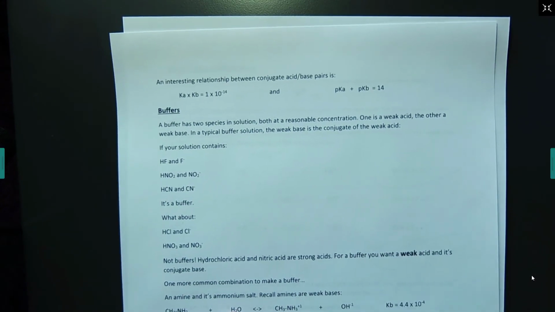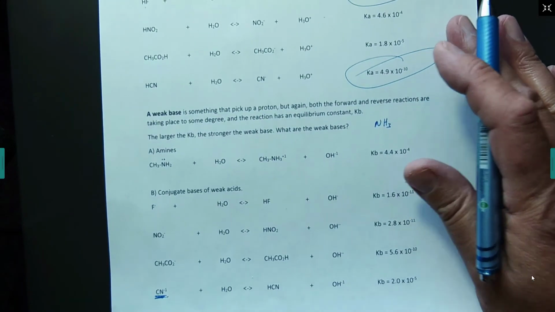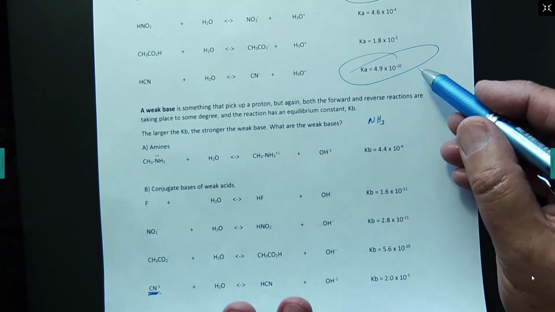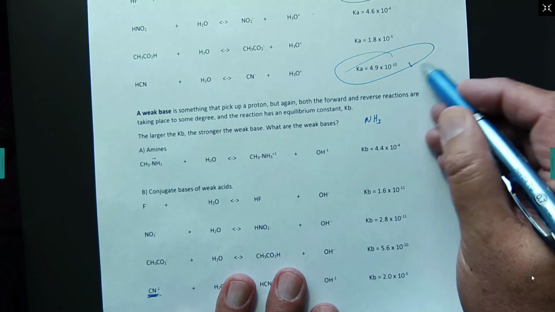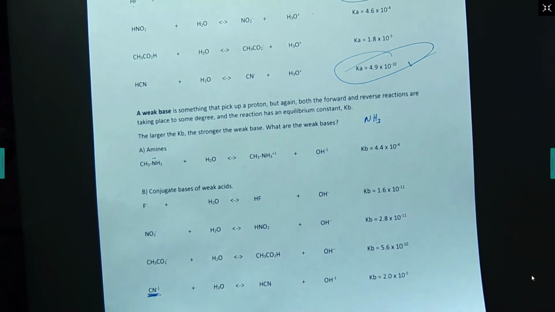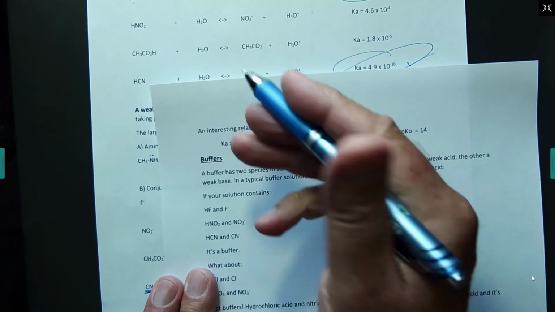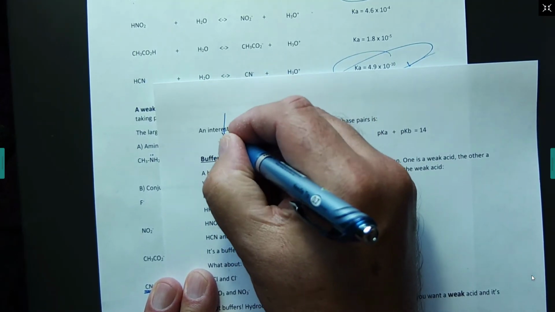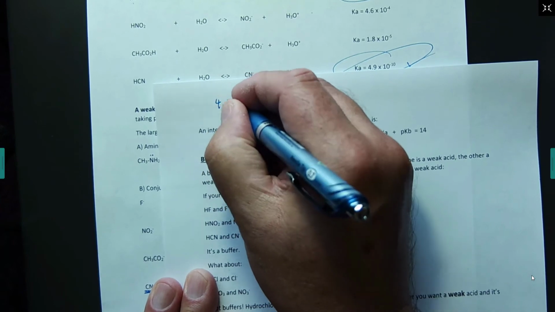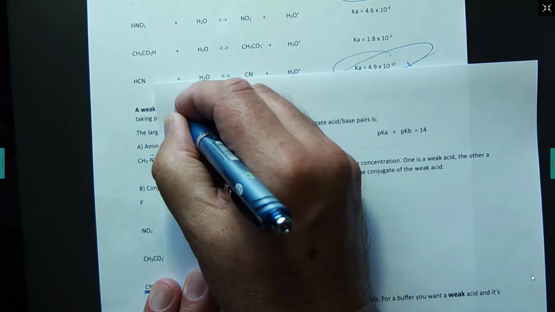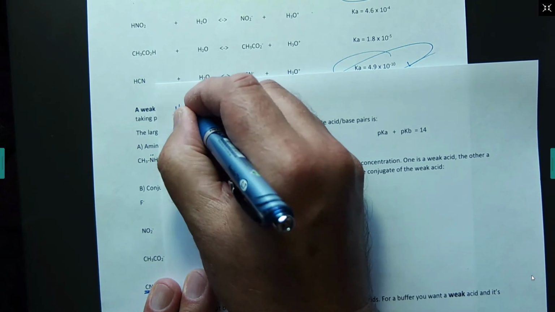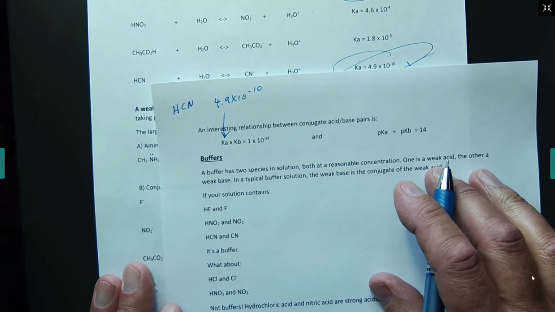So a quick example here would be, let's take a look at this guy, the HCN. HCN has this Ka value, 4.9 times 10 to the minus 10th. That's the Ka value of HCN.